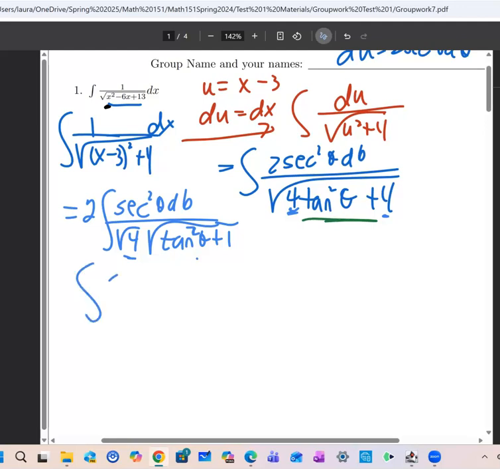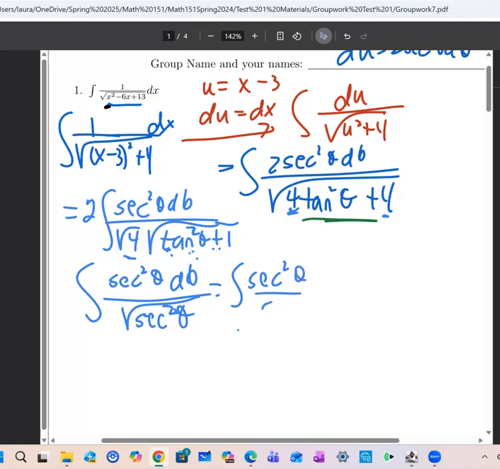Okay, so integral secant squared theta d theta, and to take the square root of tangent squared plus 1, let's just go slow. So that's like saying secant squared of theta. Well, secant squared over a secant gives me just a secant of theta plus a c.